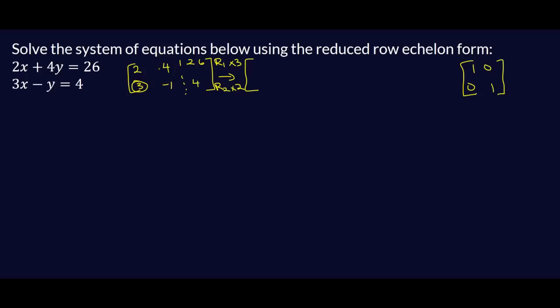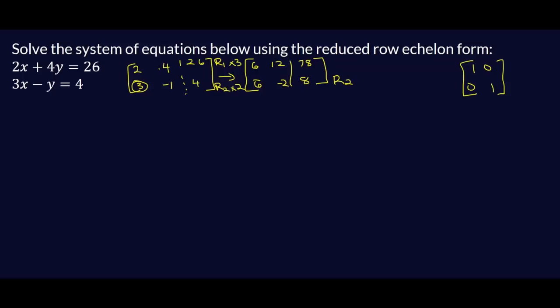So row 1 multiplied by 3, we're going to have 6, 12, and then we have 78. Row 2 multiplied by 2, we're going to have 6, negative 2, and then 8. So now what we're going to do here is we're going to say row 2, because we need to get this 6 here, make it 0.